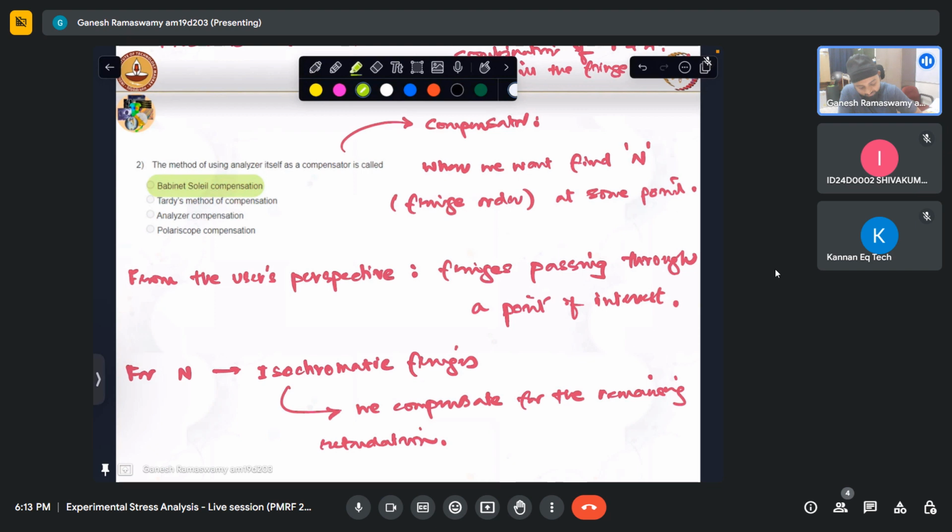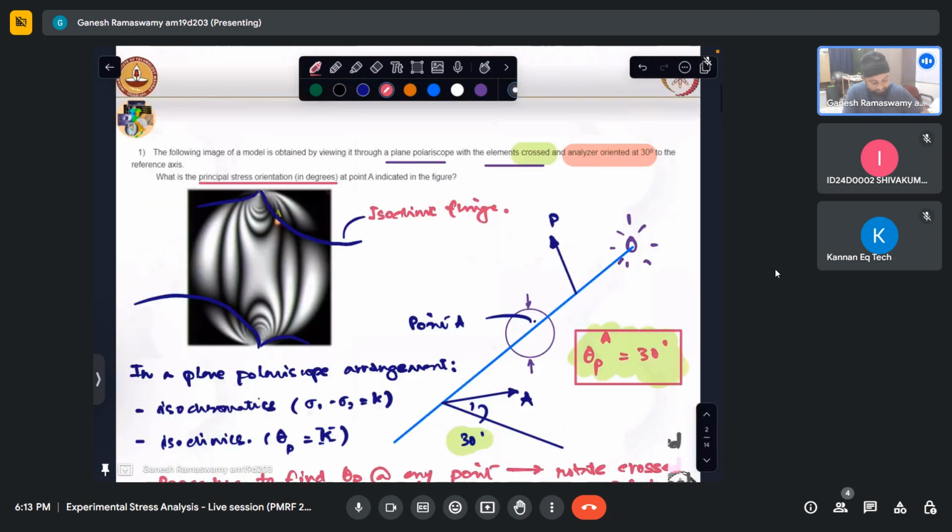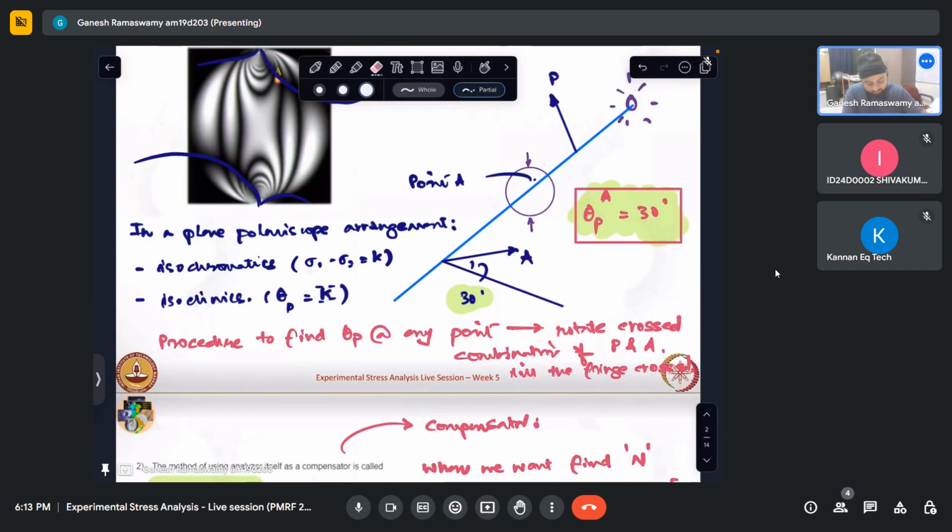Whereas Tardy's method of compensation actually uses the analyzer itself to introduce the retardation. By rotating the analyzer, we are able to find out this angle, say 30 degrees.